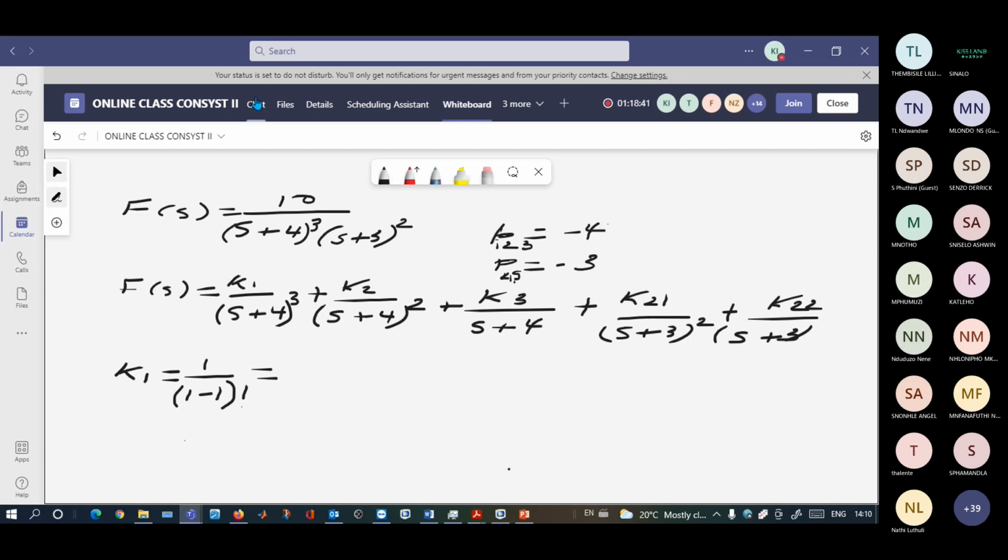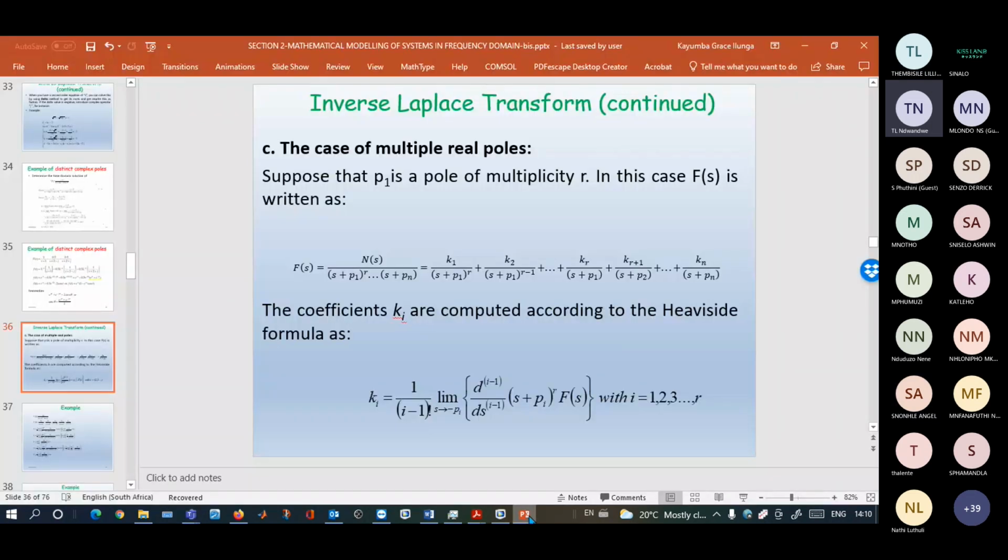What is the factorial of 0? It's 1, thank you. The factorial of 0 is 1. Now let's continue writing all the formula.